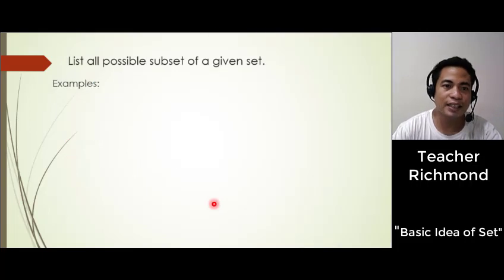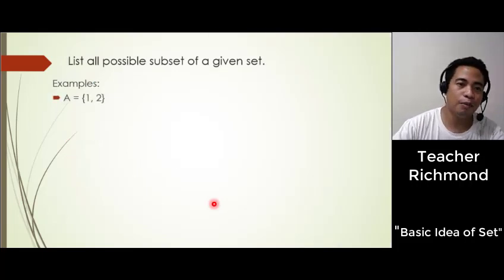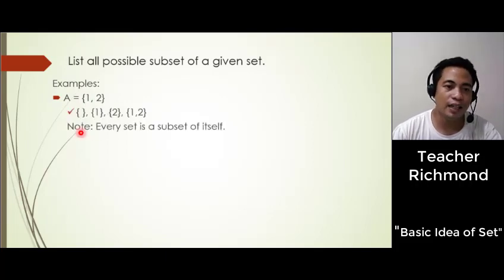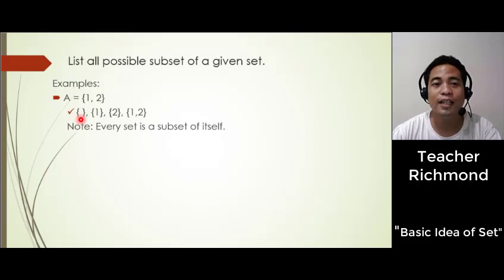Next, list all possible subsets of a given set. Example, you have this set. You are asked to write all the possible subsets of a given set. So, these are the subsets. Empty set. It has been mentioned that every empty set or null set is a subset of any set.